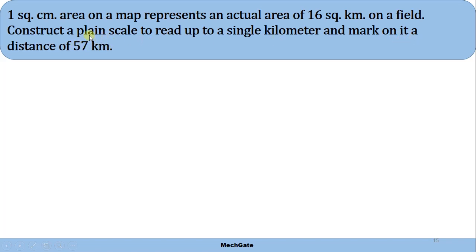So we know the formula for RF in case of area, isn't it? In case of two-dimensional area, RF is equivalent to the square root of the area on the drawing divided by the actual area of the object, right?